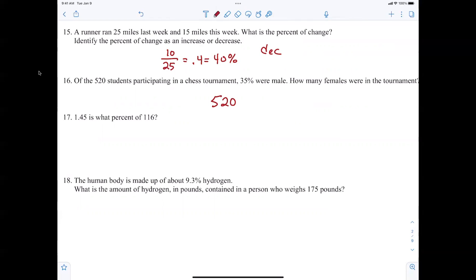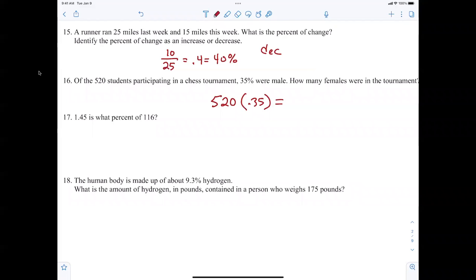Now listen to me. Maybe I didn't explain this very well. If 520 is the total, to find the part, you just multiply by the percentage. Always, that's always what it is. If you're given the total and you want to find the part, you just multiply by the percentage. That's it. So now multiply it by what percentage? By 35. Okay, and tell me what number that is.